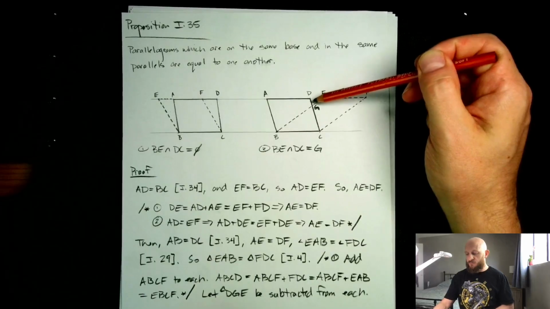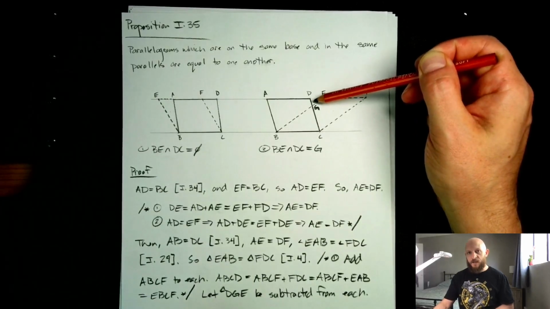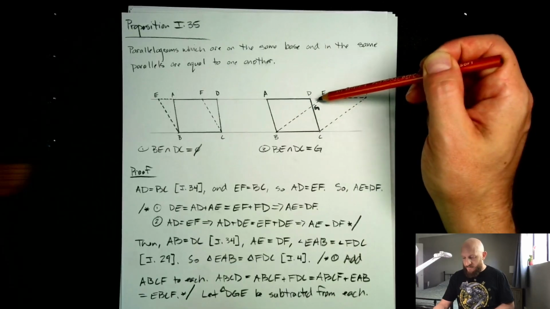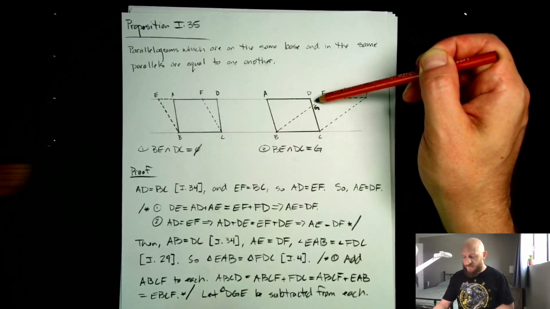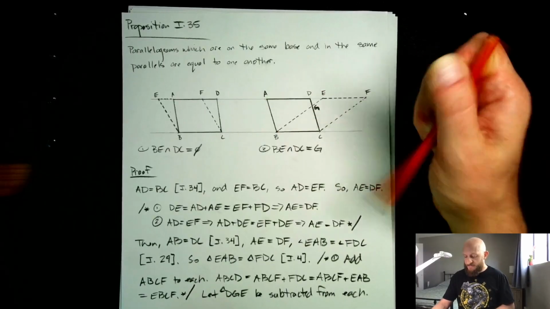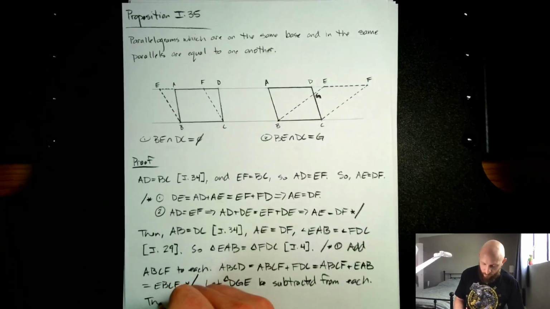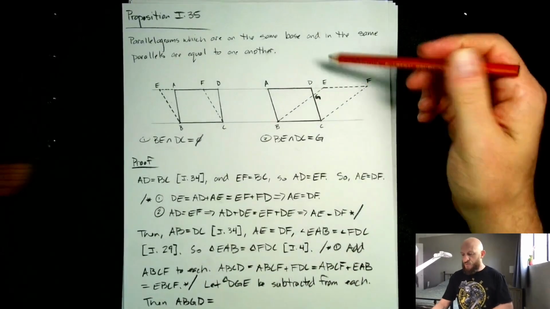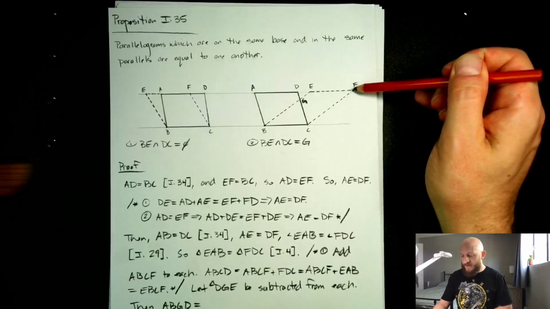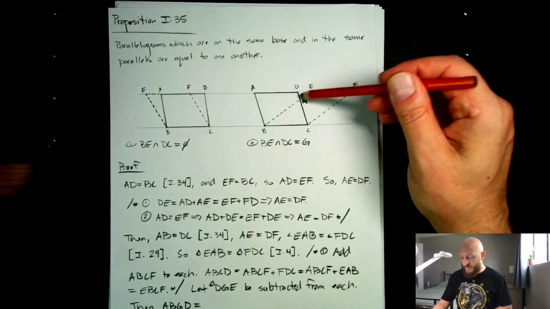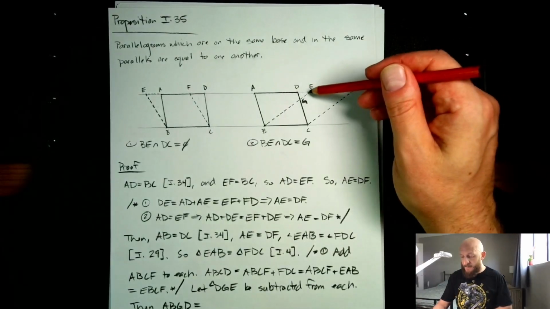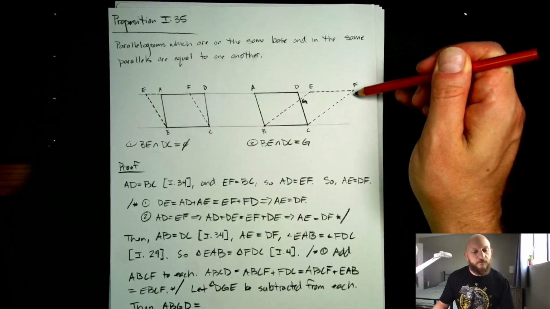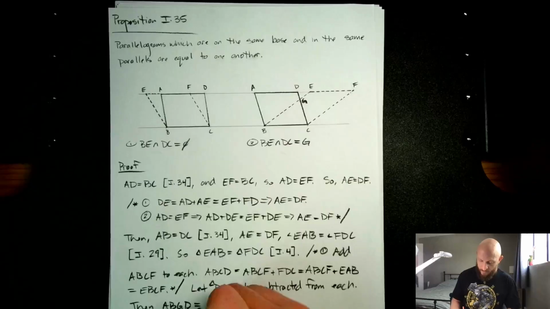So from each of these triangles, we're taking off this tiny little triangle DGE, which leaves us with strange quadrilaterals. He calls them trapezium. So EAB, once you subtract off DGE, we're left with ABGD. And when we subtract DGE from FDC, we're left with this trapezium EGCF.